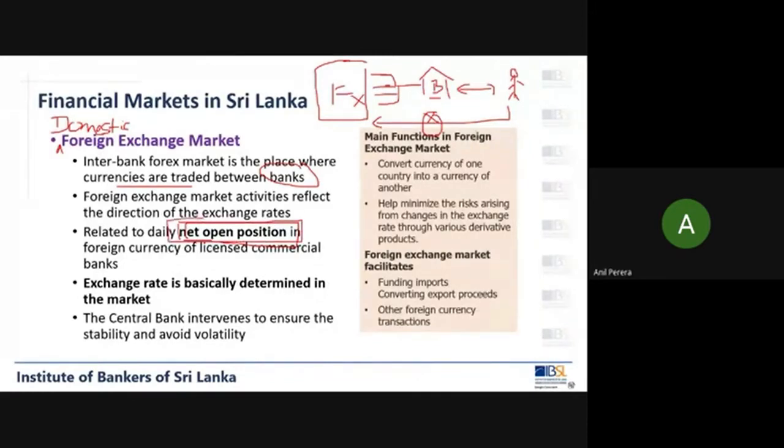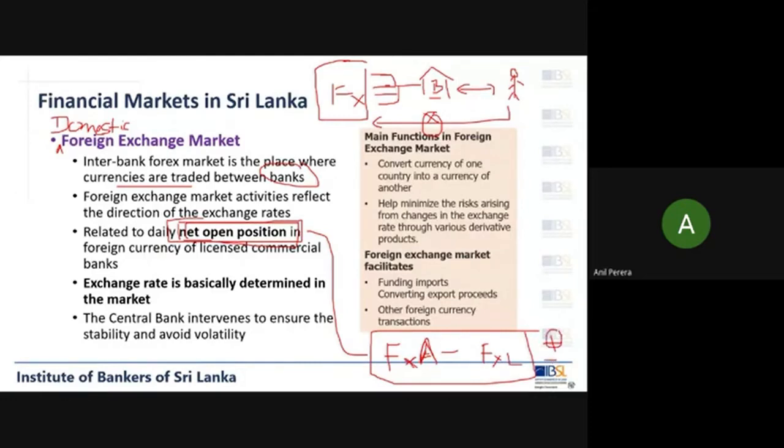Very simply, it indicates the difference between forex assets and forex liabilities of banks. If the difference is positive, you call it a positive net open position. If the liabilities are greater, you call it a negative net open position.